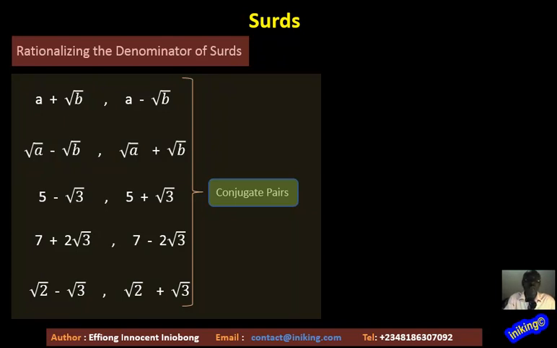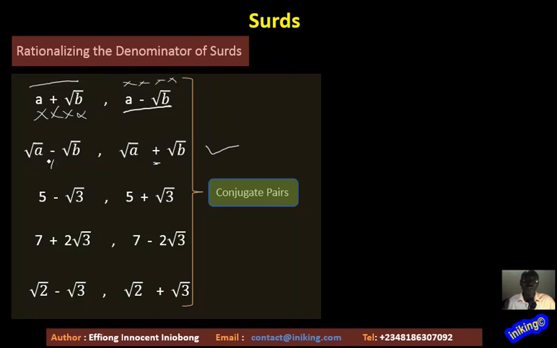We say that a minus root b is the conjugate of a plus root b. And we can also say that a plus root b is the conjugate of a minus root b. The same thing is applicable to the second line there. The only difference is just this sign that's changing, so that both of them are conjugates of one another.